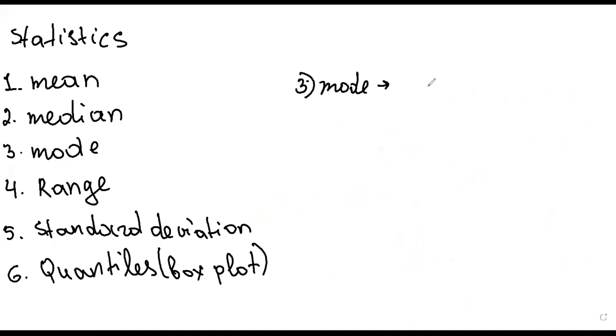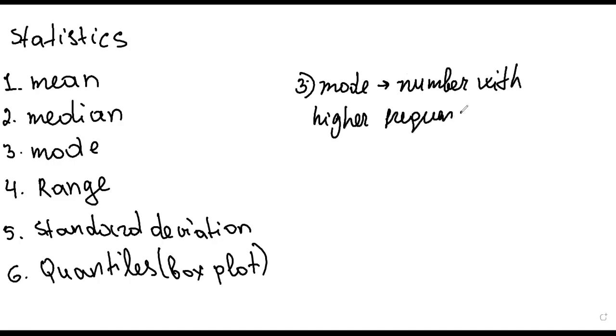So mode is the number with the highest frequency. It means the number that is repeated the most. So guys, in our previous example, we don't have a number which is repeated.